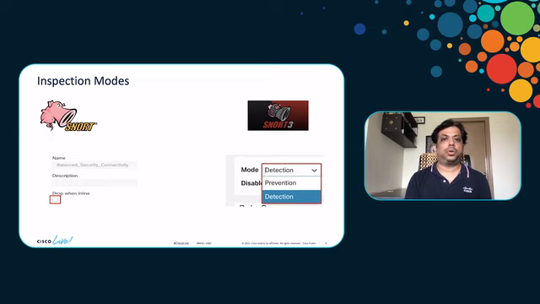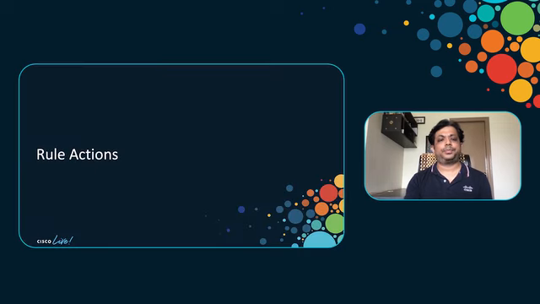Snort2 has a checkbox associated with the IPS policy to determine the mode of inspection, whereas in Snort3, as users, we have to select which mode we want the policy to be deployed in.